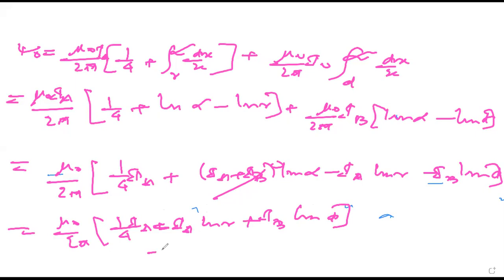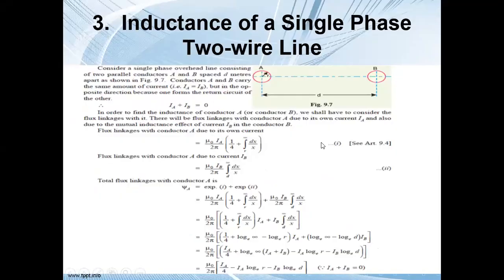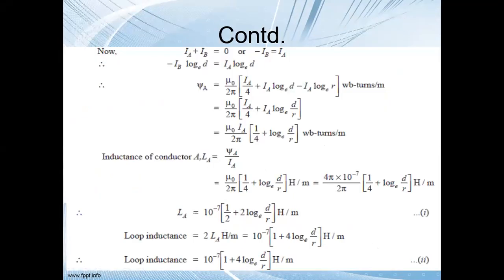So this will be equal to mu naught by 2 pi, 1 by 4 I plus ln d by r into I. We'll come up to this point. So you see, this is mu naught into Ia by 2 pi times 1 by 4 plus ln d by r. We are getting this one.